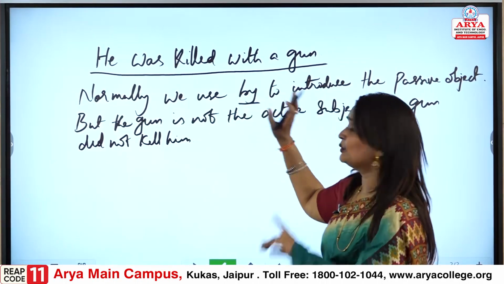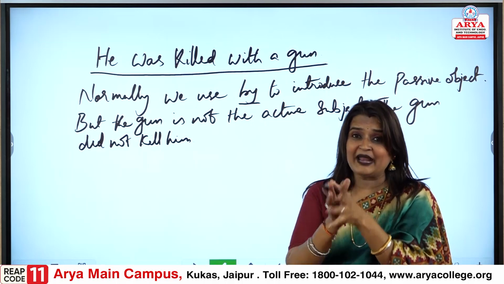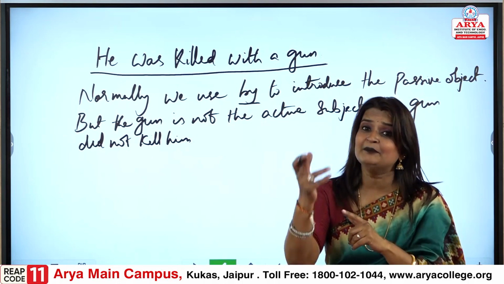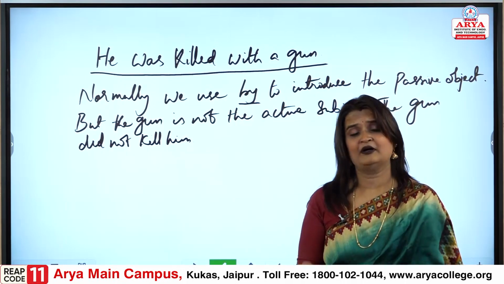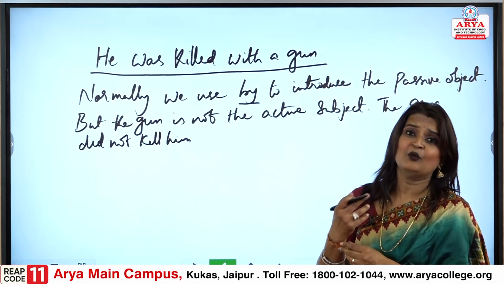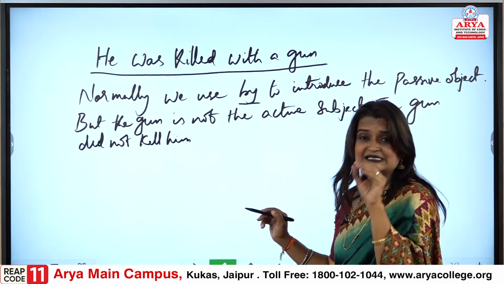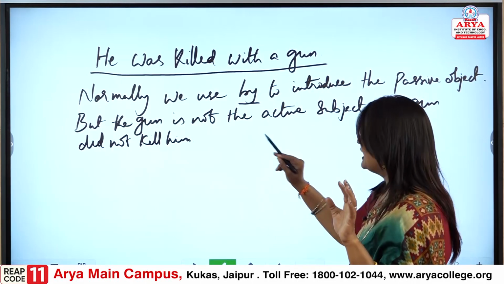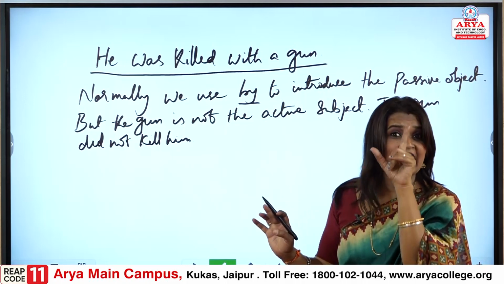He was killed with a gun, but that gun was operated by some other person. A gun cannot get up and start working by itself. So it cannot be the active subject.